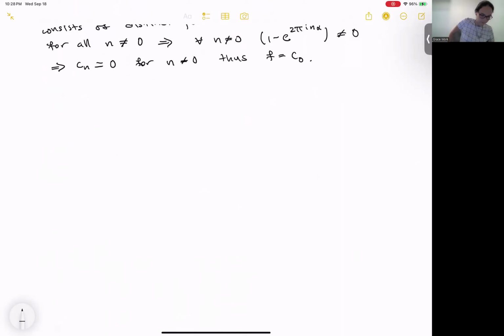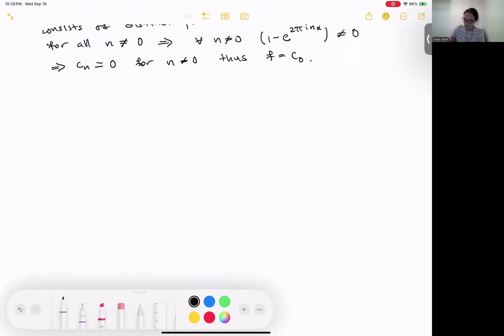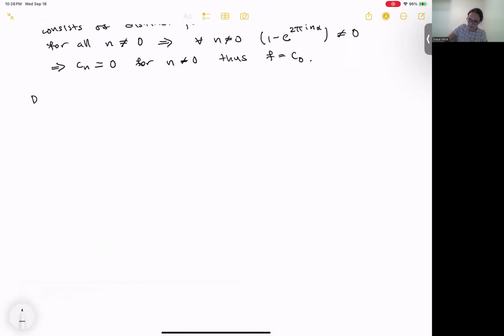All right. Let's write down another definition. And this is the definition of uniquely ergodic.